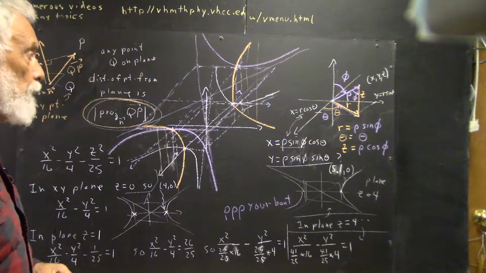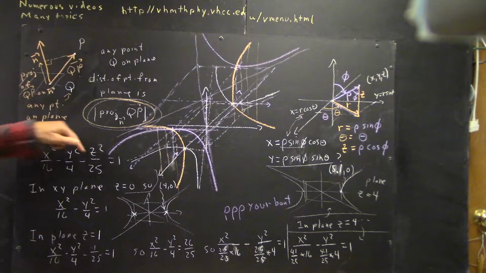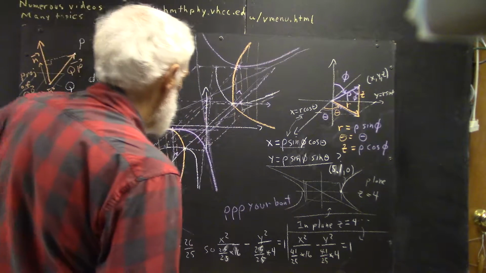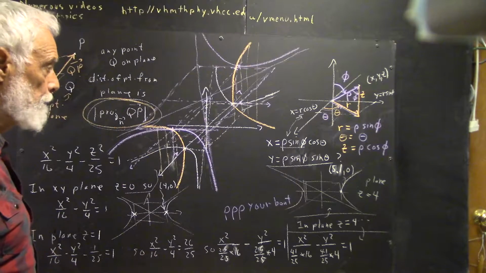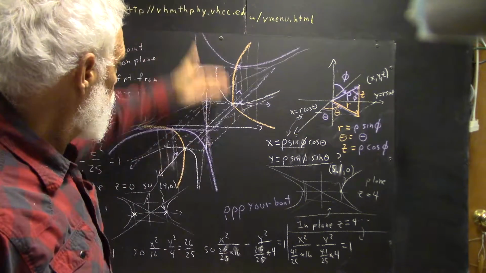Now I can also do the xz plane. In the xz plane, I also get a hyperbola. The rectangle is going to be bigger in the z direction than in the x direction. Well, if I sketch that hyperbola, I haven't sketched its rectangle because it would just get too cluttered, but the hyperbola is going to be in the xz plane.